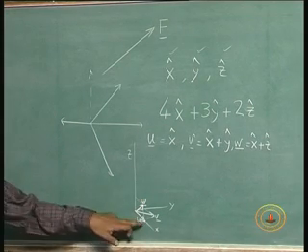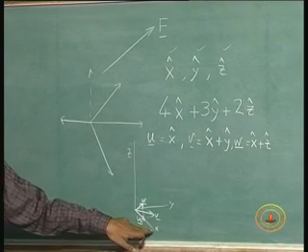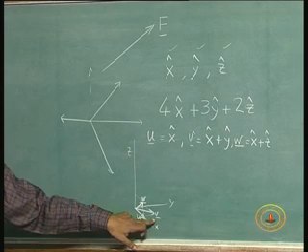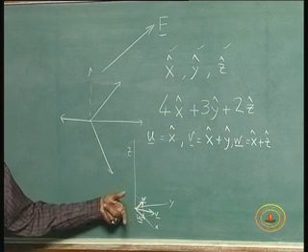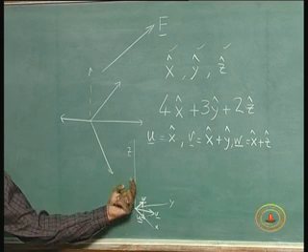So, I have 3 vectors of this type. u is actually along x, v is in the x y plane, it is midway between x and y, and w is midway between x and z, it is in the x z plane.